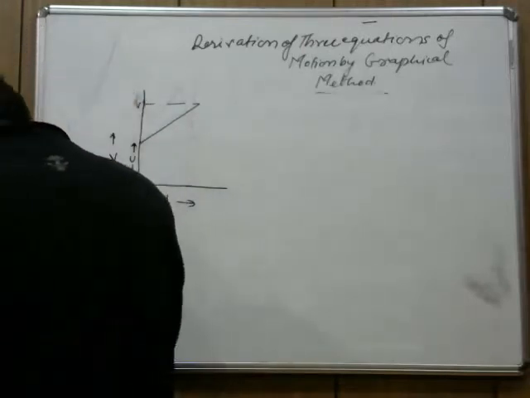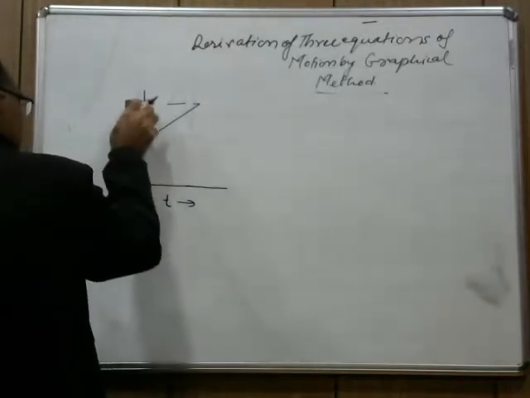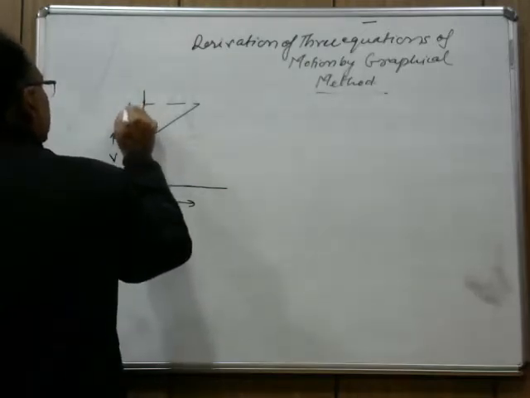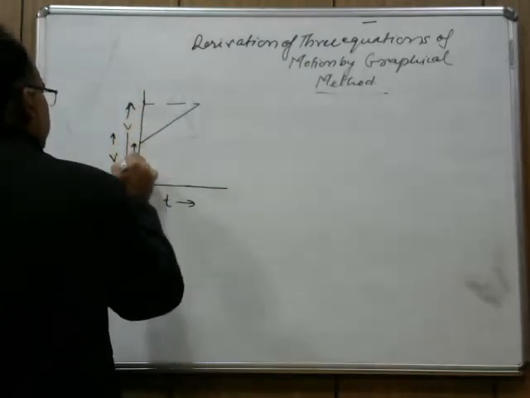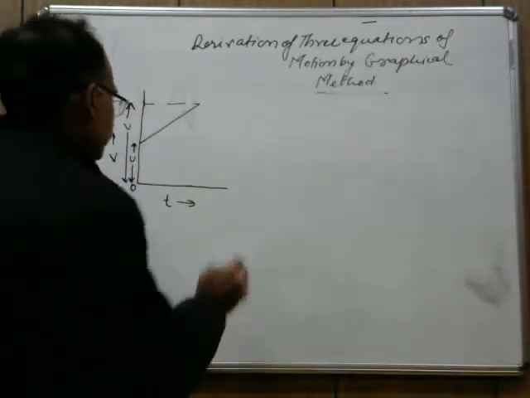So we can take it like this, and this v is for the velocity axis.